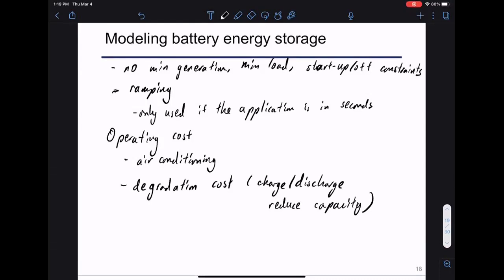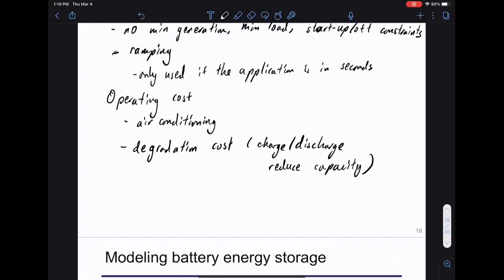So you can think of this as an operation cost. Anytime you use it, some little part of your battery disappears. And this is different from charging and discharging power, because that depends on the market or the payment scheme you have. You can make money that way. But degradation is just that anytime you use it, a small percentage of the battery disappears and it's not there anymore. So that's an operation cost.